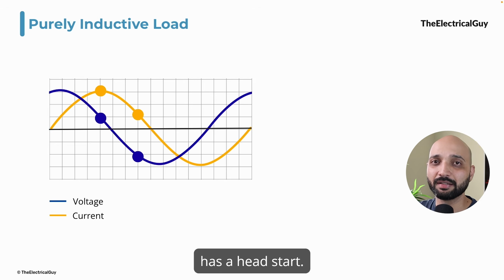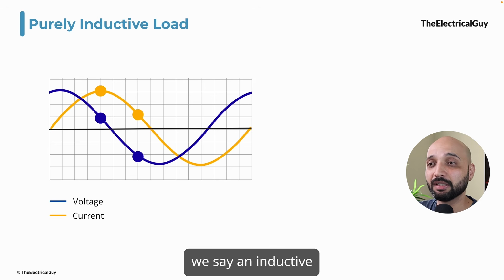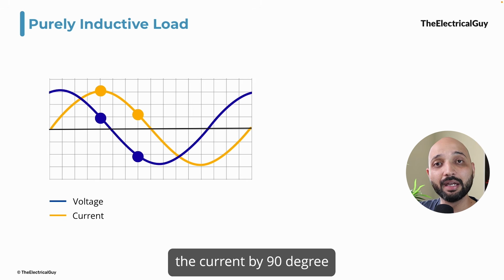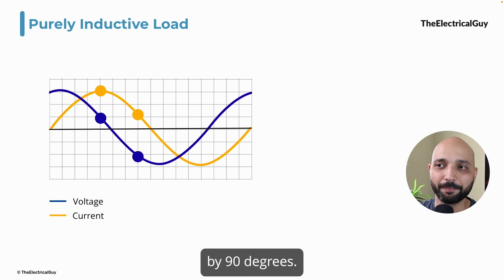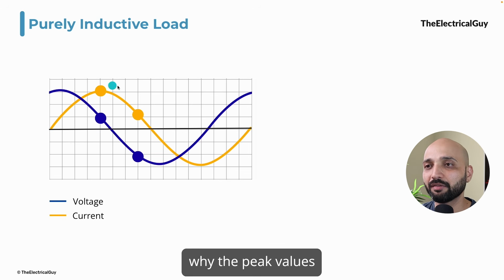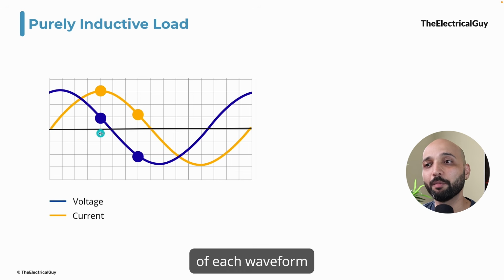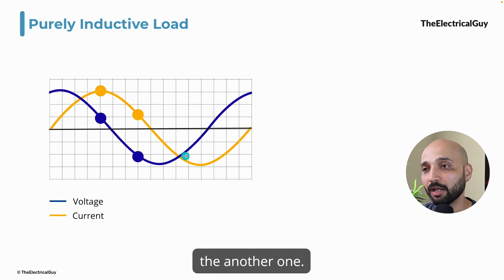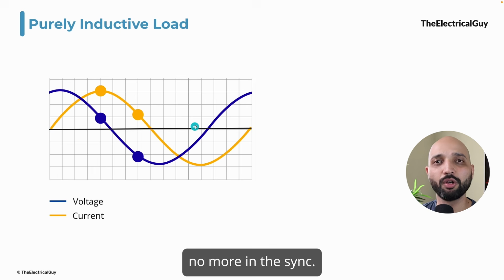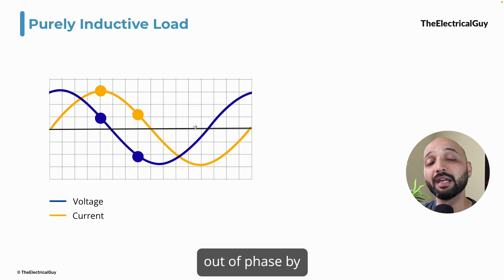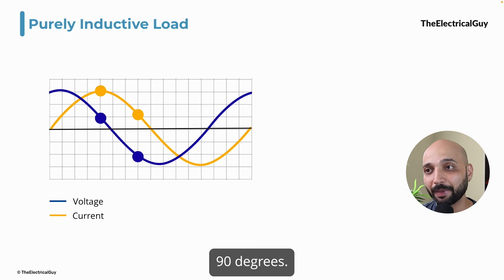And that's why we say in an inductive circuit, voltage leads the current by 90 degrees, or the current lags behind the voltage by 90 degrees. And that's the reason why the peak values of each waveform differ from the other one. So here is the zero for current, but the zero for voltage is here. So it's no more in sync. They are out of phase by 90 degrees.